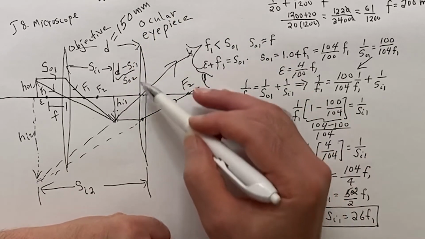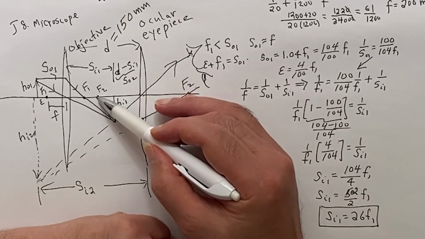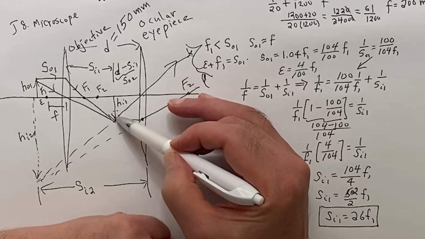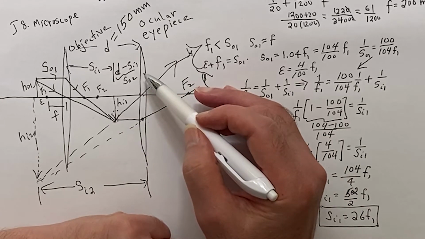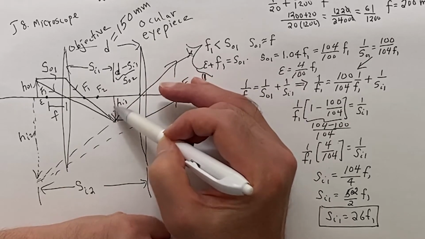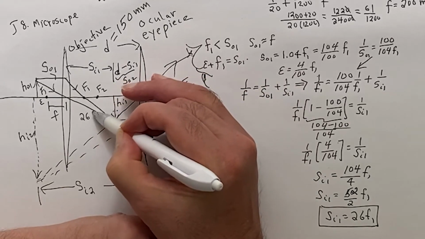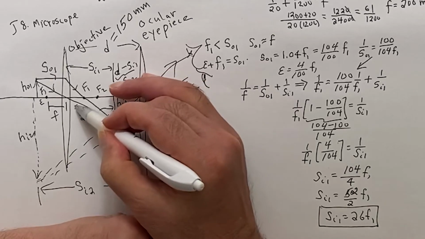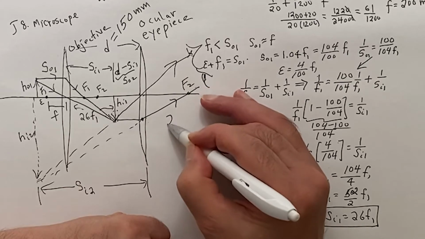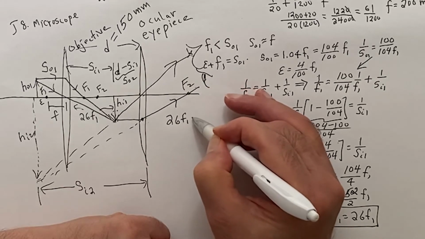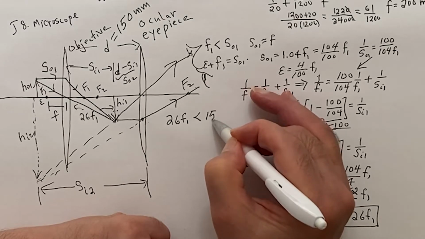Now you've got to be careful that this focal length here has to be to the left of this intermediate image. We do know where this is. This is 26 F1 to the right. So I need to have the 26 F1 to be less than 150 millimeters.